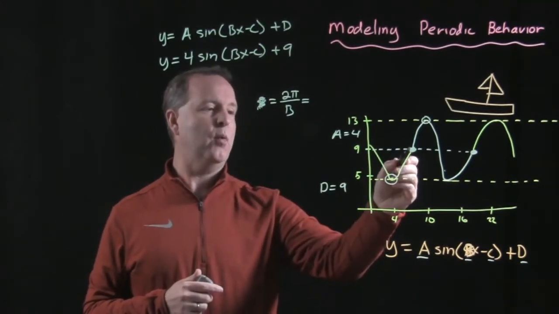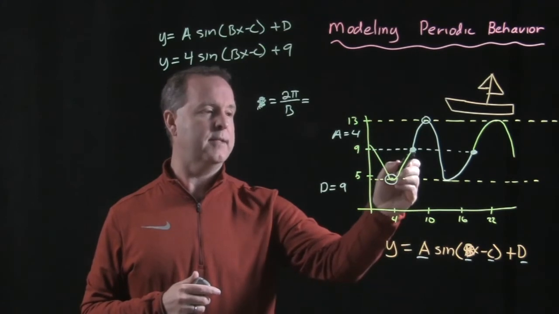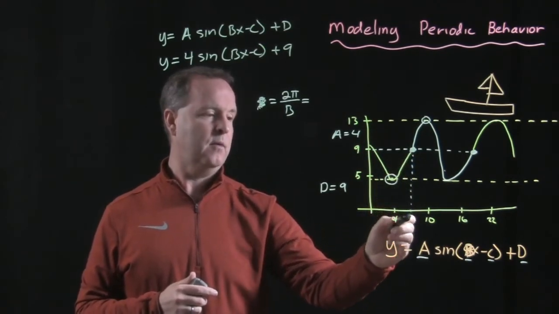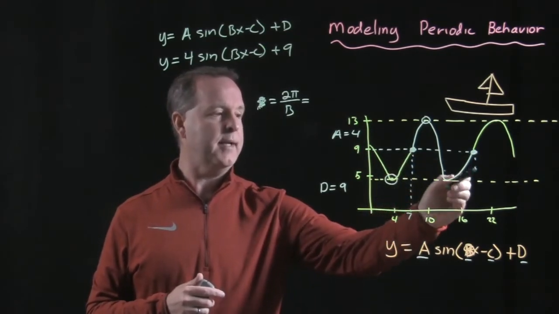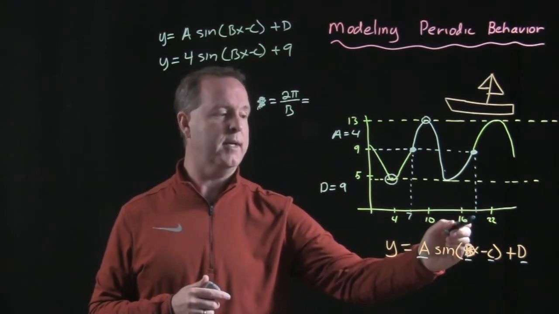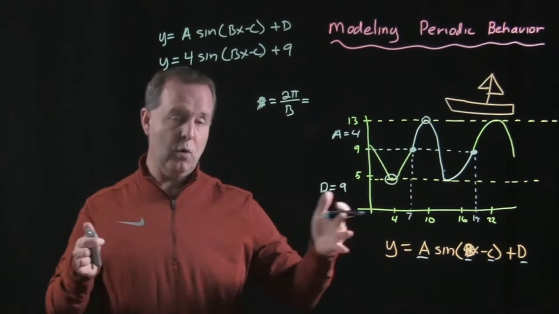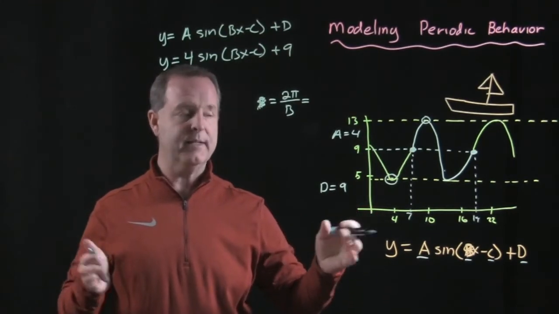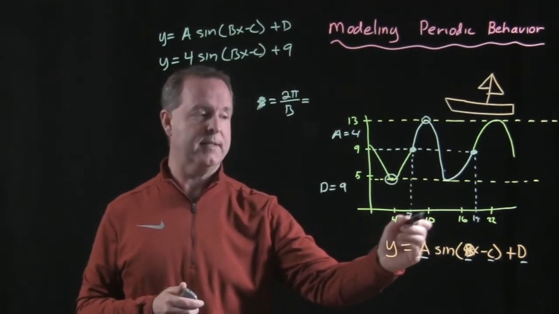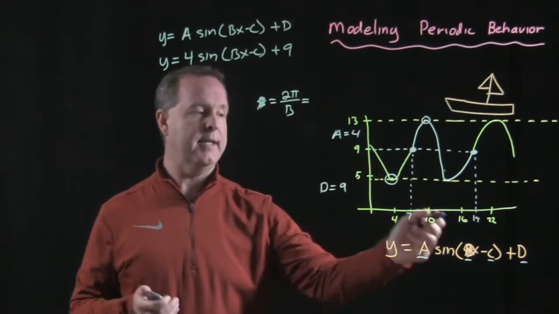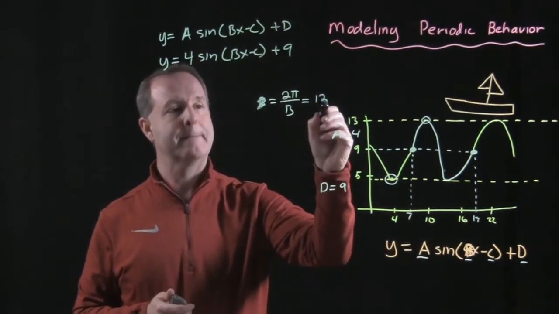This starting point is halfway between 4 and 10, which is a 7, and the ending point is halfway between 16 and 22, which is 19. So during that full period, what's our measurement? Well, it's the time it took to go from 7 to 19. So 19 take away 7 is a 12.